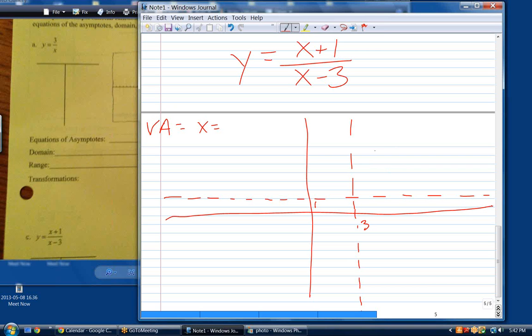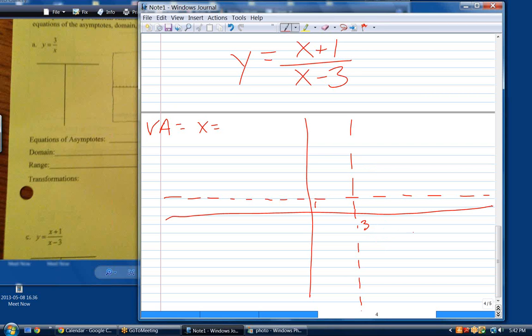Let's go ahead and figure out at least one point and figure out which quadrant it's in. Because right off the bat, when I look at that, I don't know if it's first and third or second and fourth. But we can determine it by finding a value. Pick a value for x to the right of the vertical asymptote.